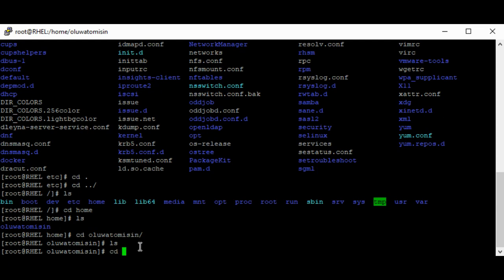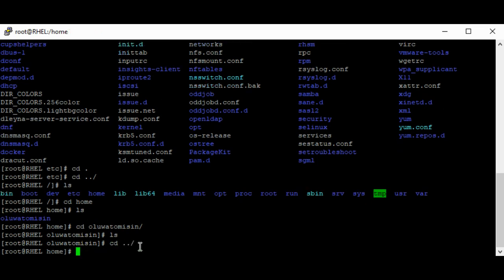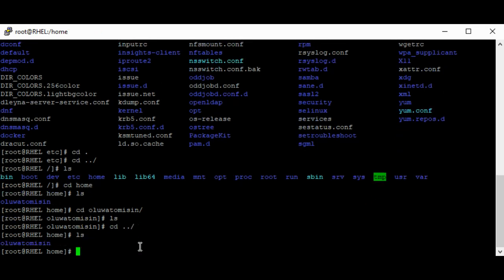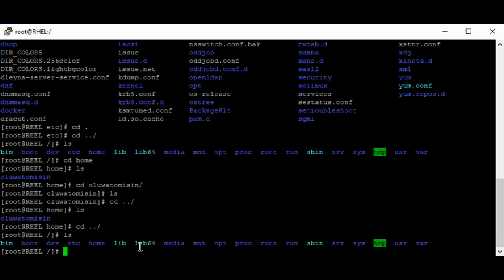So let's check the next directory in line, the lib directory. This directory contains libraries of data for the compilers installed on the system, such as the C language routines.